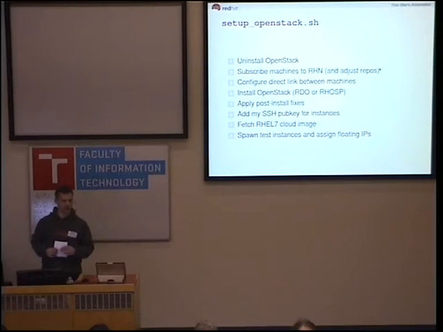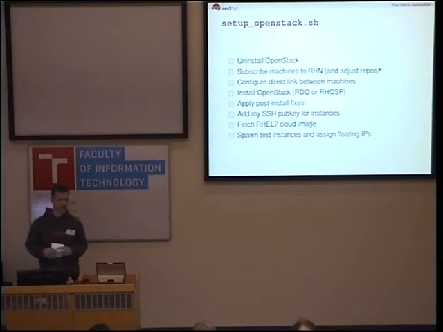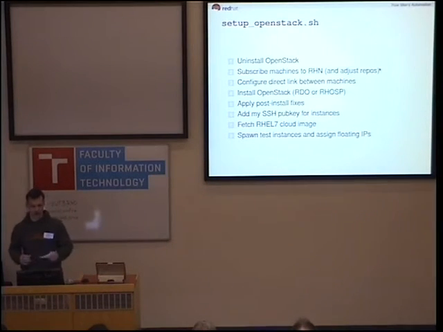It configures a direct link between the machines, which is there to provide more performance. It installs OpenStack, obviously, applies the post-install fixes I talked about, adds my SSH public key, and boots up some machines.